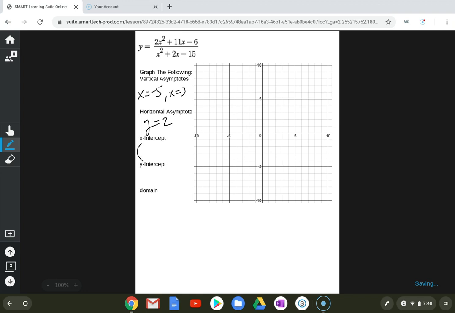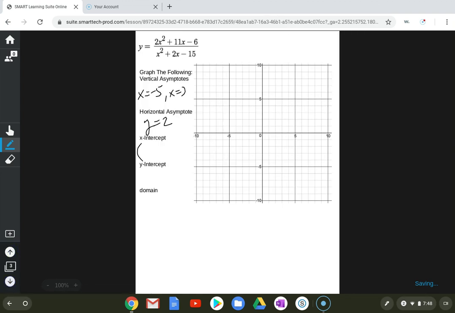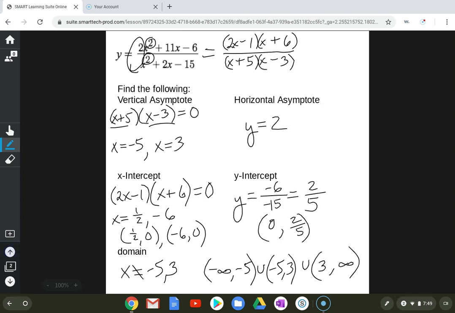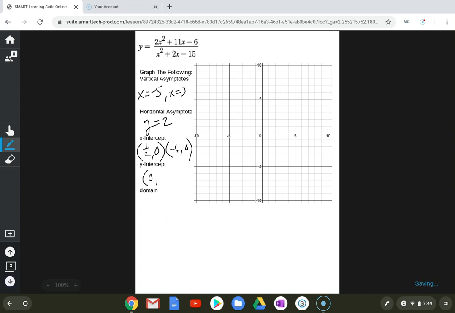X-intercepts at 1/2 and negative 6, so 1/2, 0 and negative 6, 0. Y-intercept was at 0, 2/5. And then our domain was all reals such that x is not negative 5 or 3.